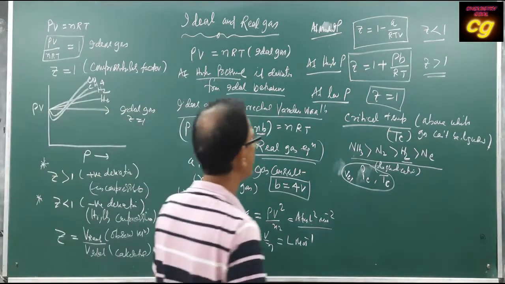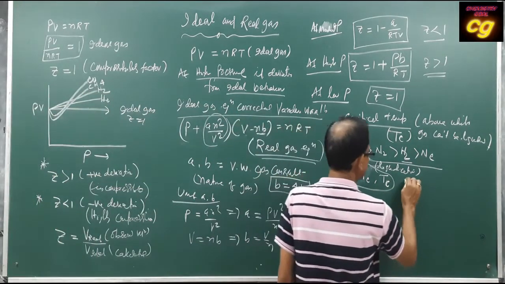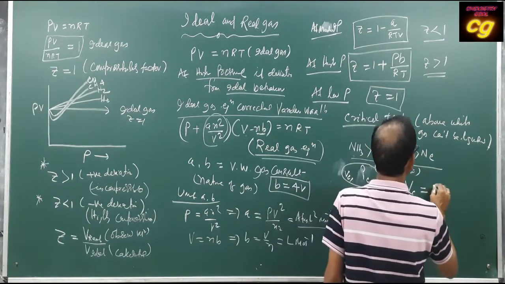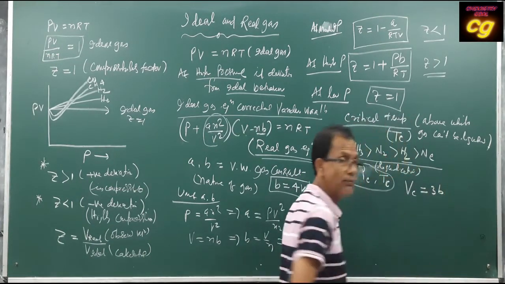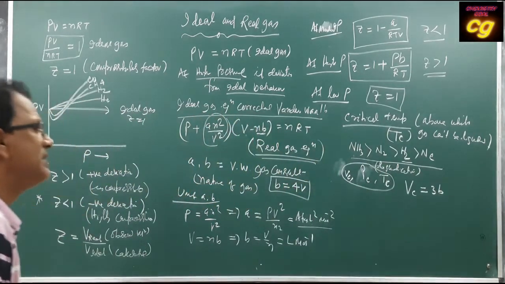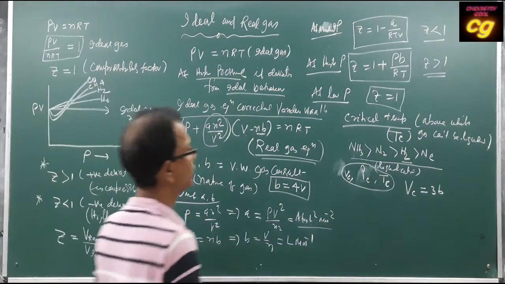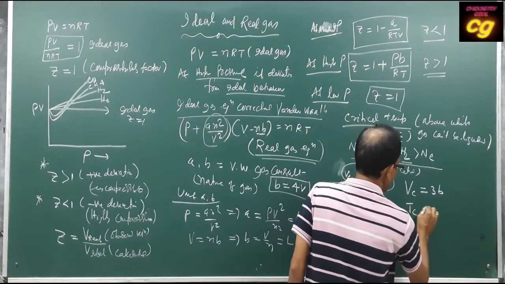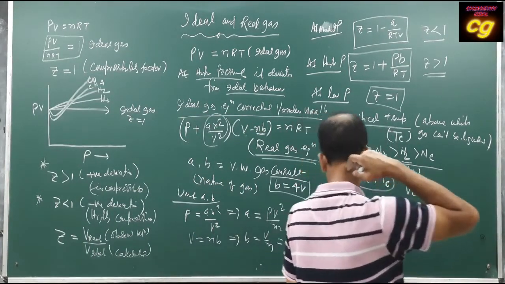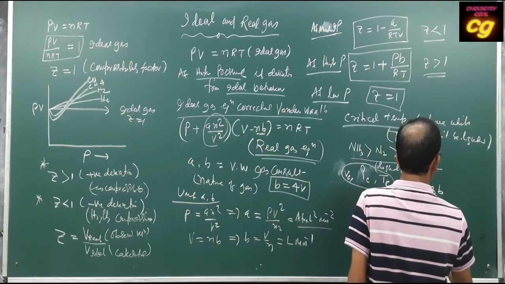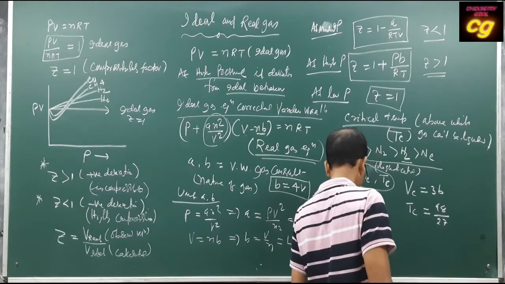How? It is calculated that Vc is equal to 3b. You have to remember this for calculation. Vc is equal to 3b. And Tc is equal to 8a by 27Rb.